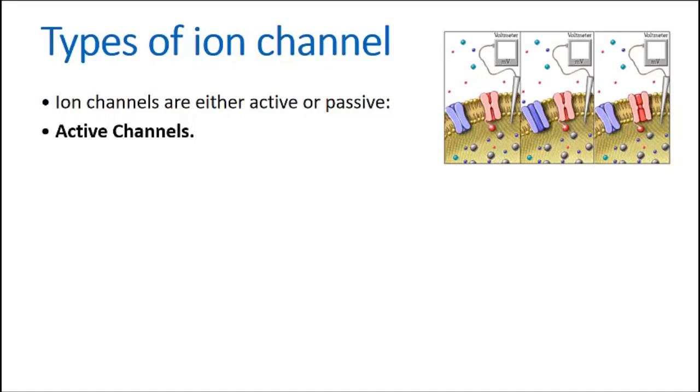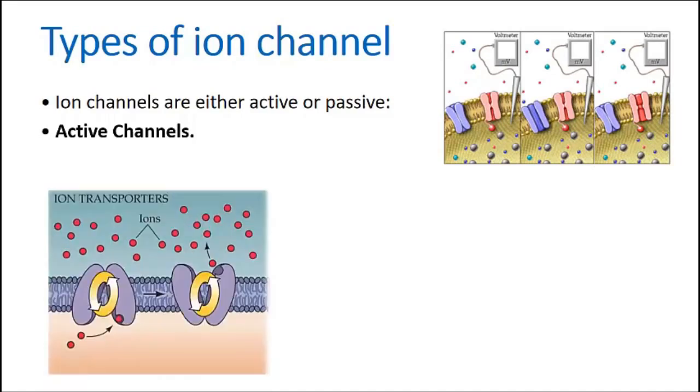They open only under some control, so the gate can only open or close based on specific regulation and control. If we look here, this is one example of an active channel which remains closed normally. Once specific molecules bind, then there's a signaling that allows the channel to open. If you look at this picture, it will also show you the idea.